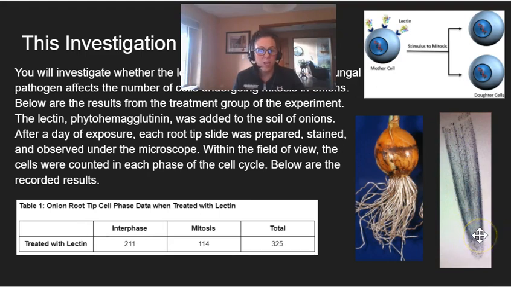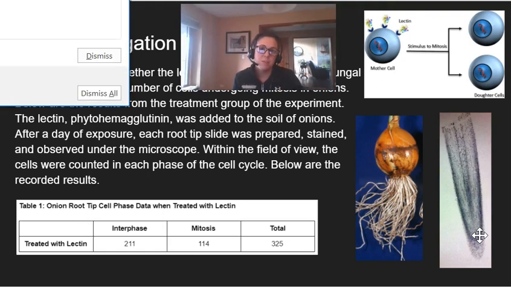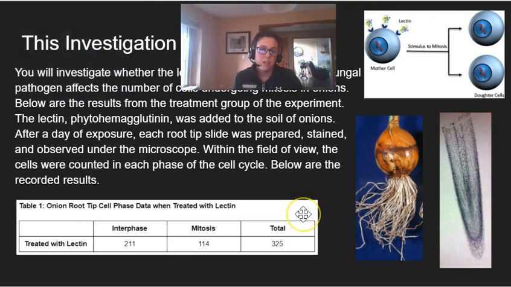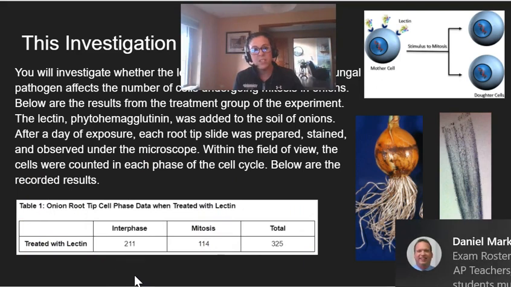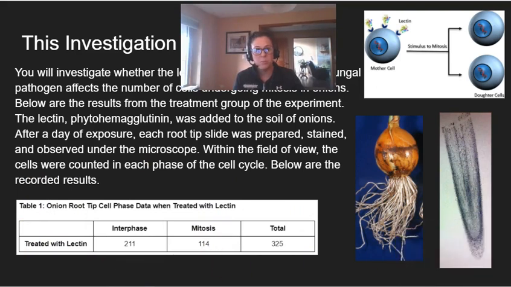This is at 40x magnification. When we actually look at those cells, we'll look at it much more closely at 400x magnification, and we'll be able to identify which cells are in mitosis and which cells are in interphase. I'm going to give you the experimental data from the treatment group.